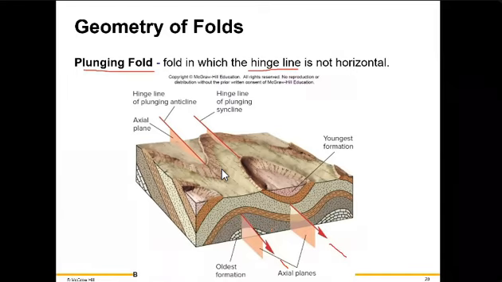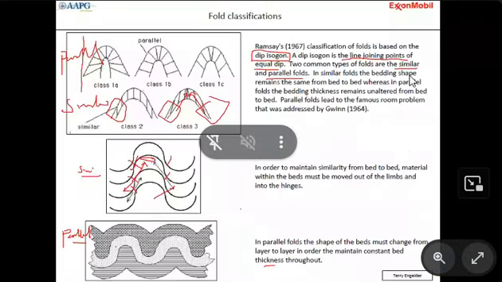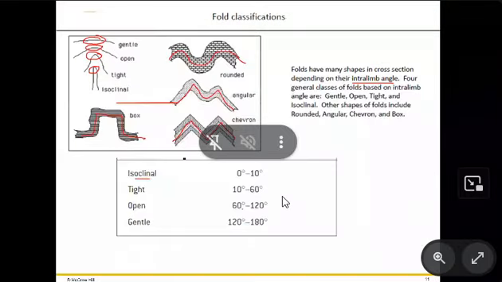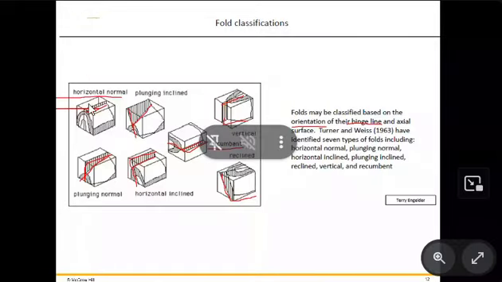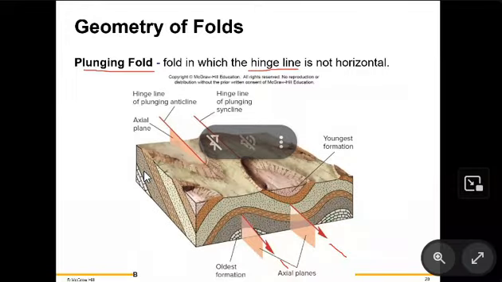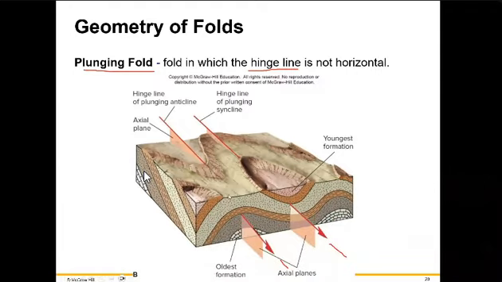Plunging normal. Because the hinge line is plunging, but the axial plane, you can see, is vertical. So this is an example of a plunging normal fold. So this is the anticlinal part of it, and this is the synclinal part of it, all right?